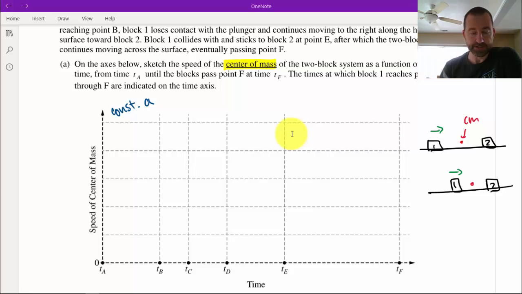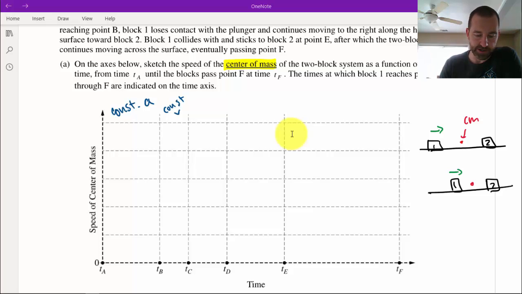From B to C, it's not pushing anymore. The plunger is no longer pushing. So that should just be a constant velocity then, because it's not speeding up or slowing down anymore. Block 1 is moving at a constant speed. The center of mass will be moving at a constant speed as well. From C to D, there should be a negative acceleration.